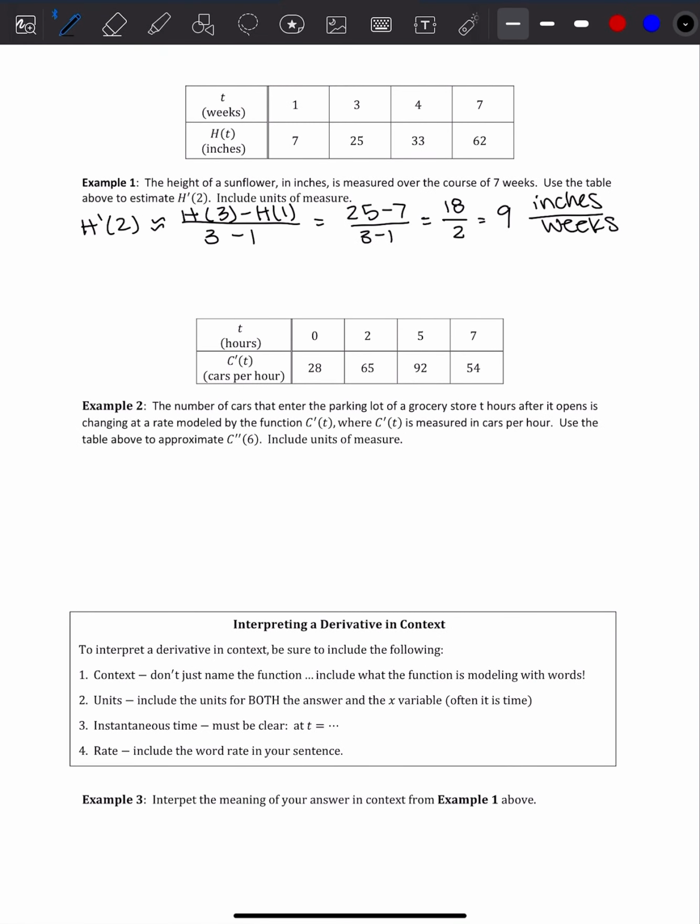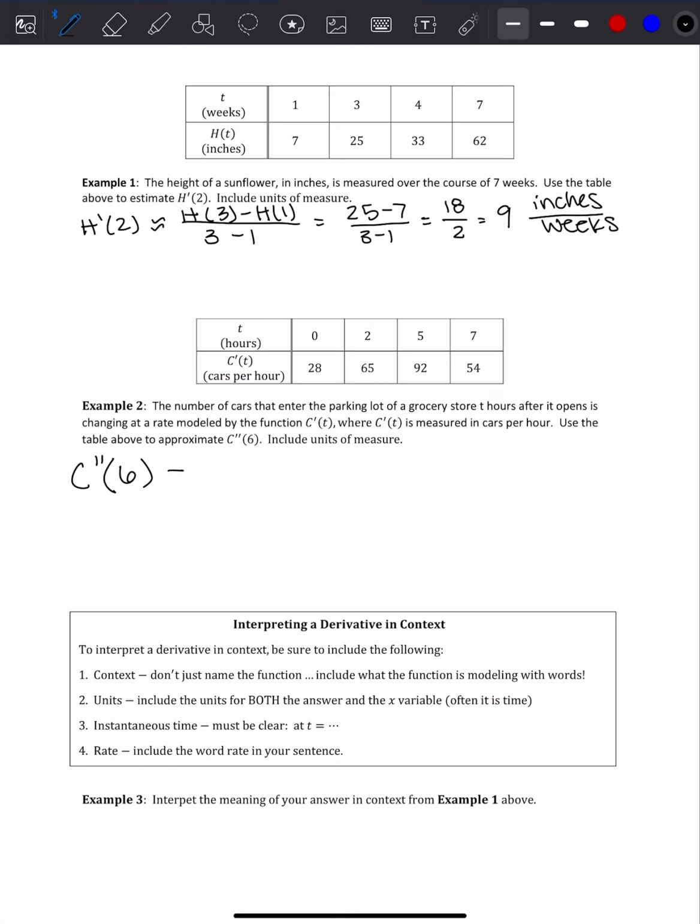The number of cars that enter the parking lot of a grocery store t hours after it opens is changing at a rate modeled by the function c prime of t, where c prime of t is measured in cars per hour. Use the table to approximate c double prime of t. So c double prime of 6. So we're going to do something very similar. This time it is c prime of t, so we're going to just literally do the same thing, except for we have a little bit different notation. So we're looking between 5 and 7.